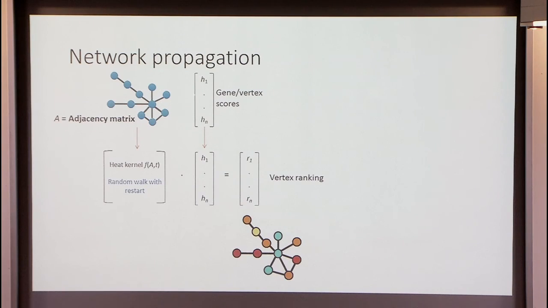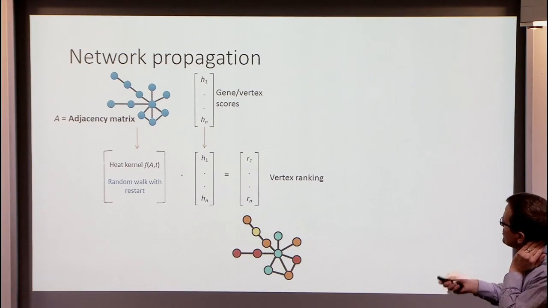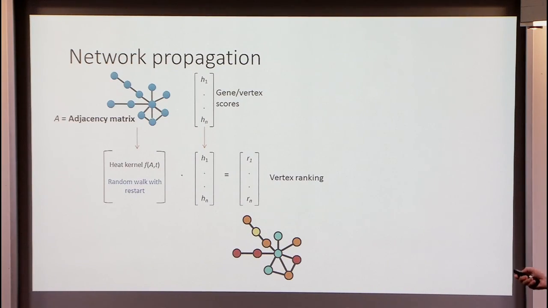So what I can do is interpret that as taking the scores of my vertices, my gene scores, multiplying them by this matrix that encodes the topology of the graph, thereby getting a ranking on the genes.